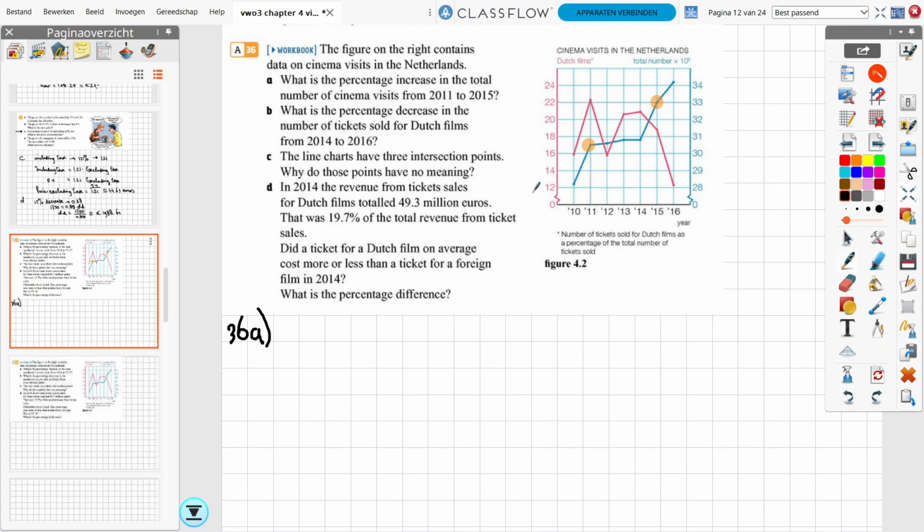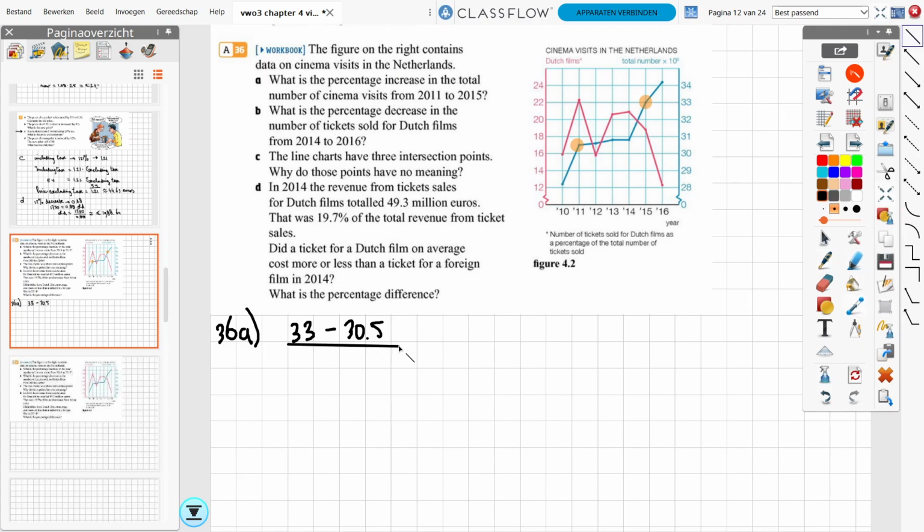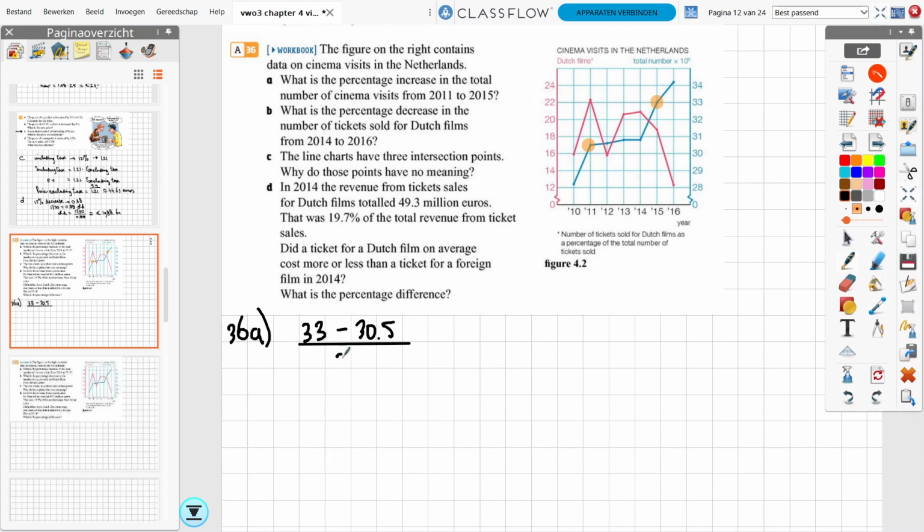Here in 2015 it's 33 million, but this is also a million, so what I can do is just 33 minus what I find here. Well, what's in between 30 and 31? Not between 16 and 18, right? Keep reading this axis. It's 30 and a half. New minus old over old times 100%.